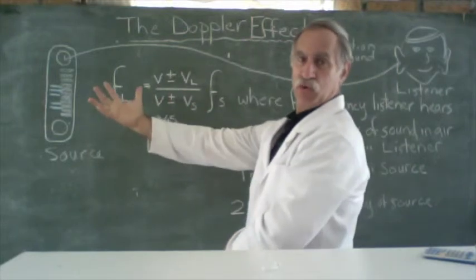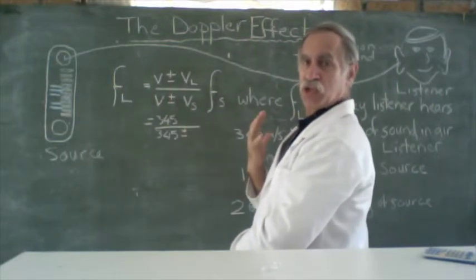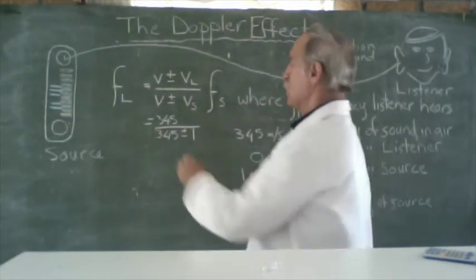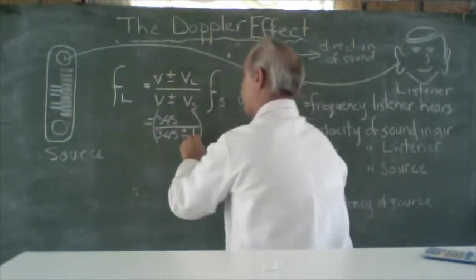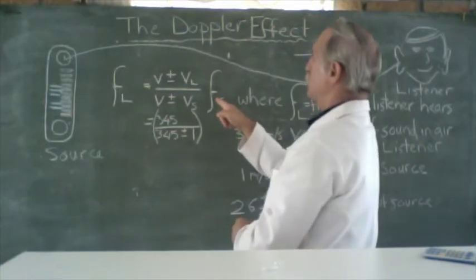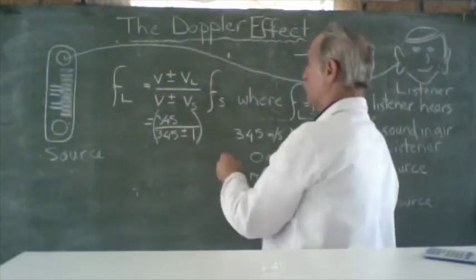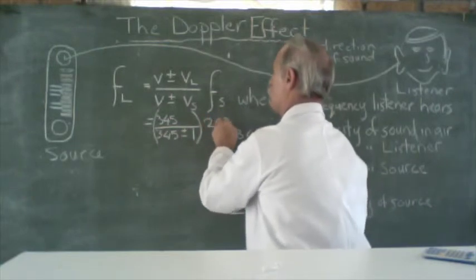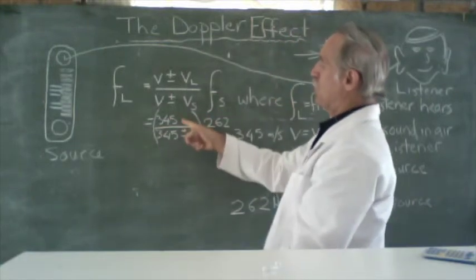Now we're going to have the source coming towards us first of all, and it was moving at 1 meter per second. And all of this fraction or ratio is times the frequency of the source, which is middle C, or 262 hertz.